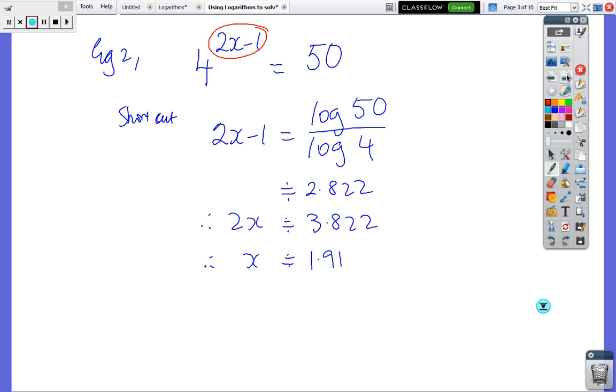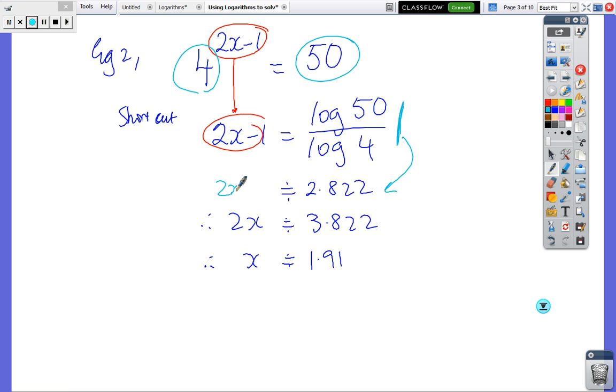And that's a shortcut we can take. So the power will equal log of the answer divided by log of the base. And on your calculator, to a few decimal places, you get 2.822.